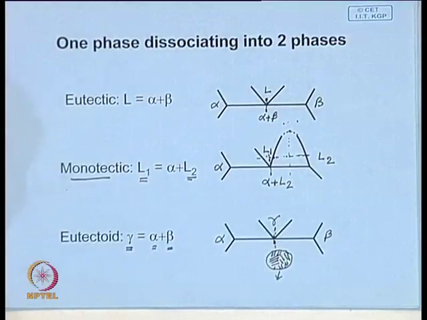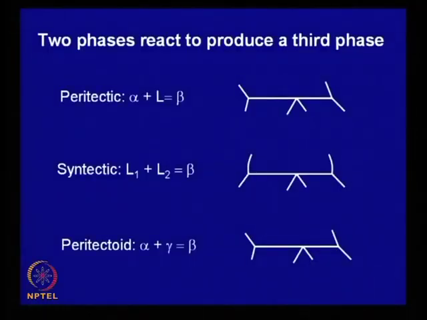Now, next is the second case where two phases react to produce a third phase. We looked at peritectic, where alpha reacts with liquid giving you beta, which is shown over here.